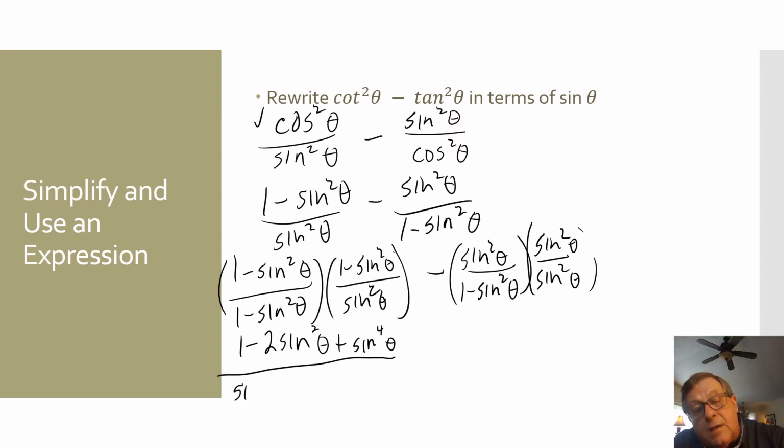That's going to be the sine squared of theta minus sine theta to the 4th power.